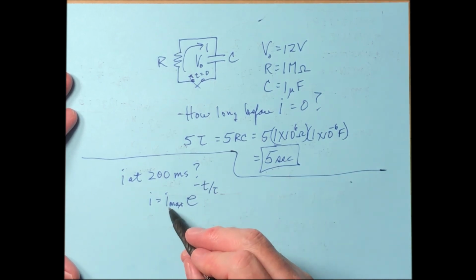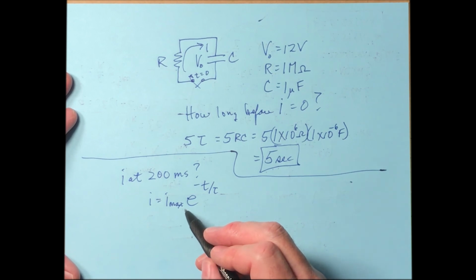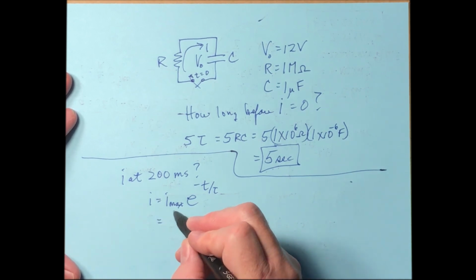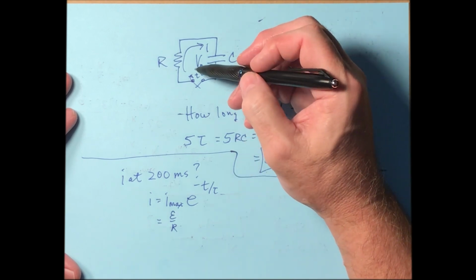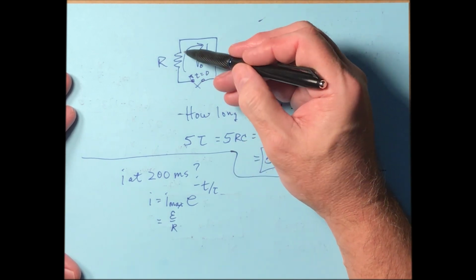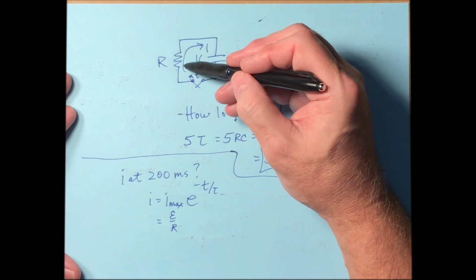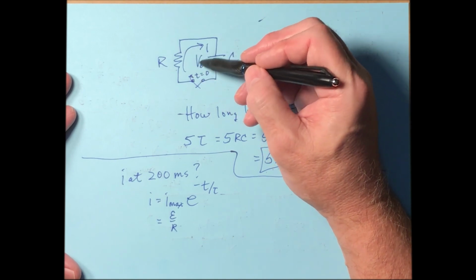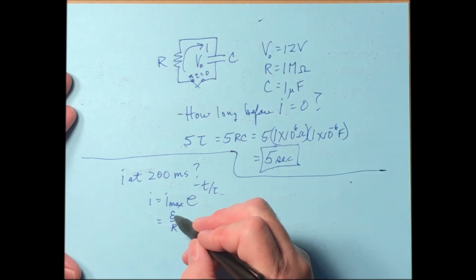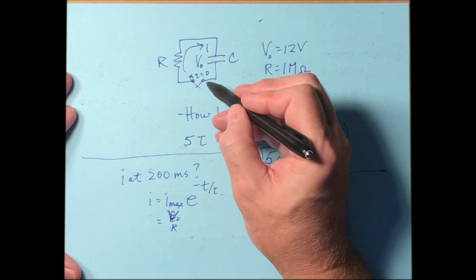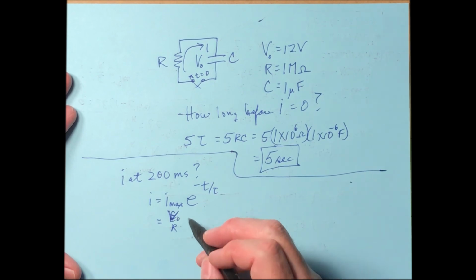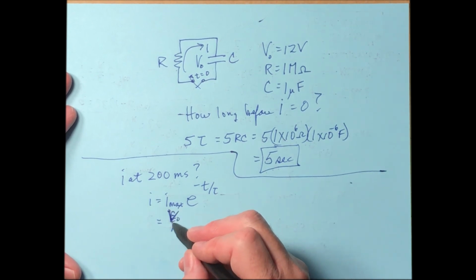Then you need to figure out what's the maximum I. The maximum I is going to be E over R, because when the switch is closed, that current instantaneously goes through here, so I is equal to V over R. By the way, this E, the way I've got it drawn there, using the notation here, should be V naught.